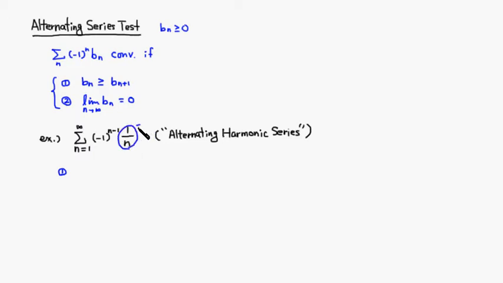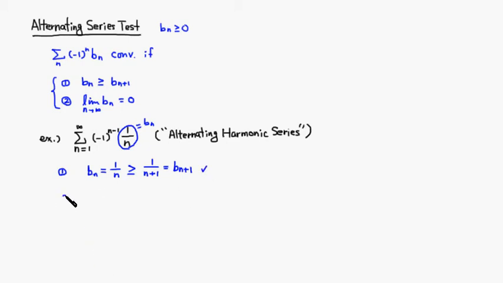If you compare b_n, which is 1 over n, with b_(n+1), which is of course 1 over n plus 1, you can see that the numerator is the same, both 1, and the denominator increases by 1, which means that it gets smaller.